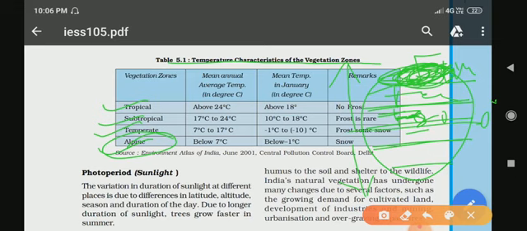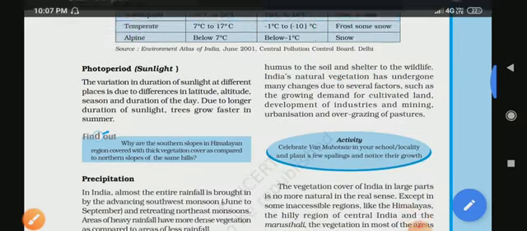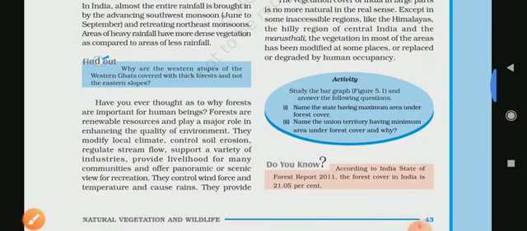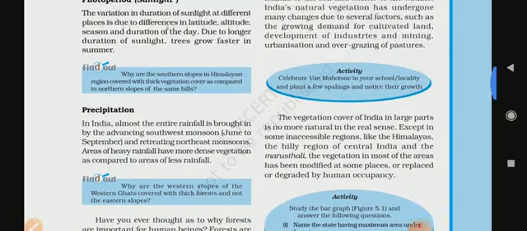You can see high temperature in this portion, but temperature always decreases toward the northern and southern poles, because the sun's rays reach this part vertically. Next, let's read about ecosystem. You have to read all these paragraphs, students.